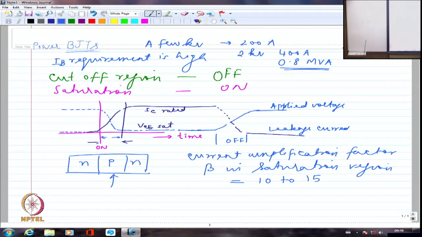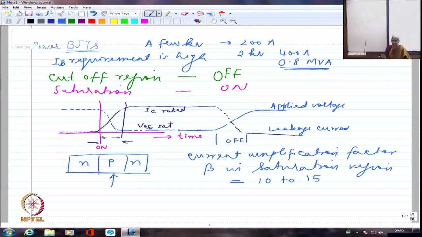And one more thing is, because it is going into hard saturation region, to turn it off, even if you remove the base drive, it is going to take a while before all the charge carriers that are spread out all over the place recombine and the depletion layer is built up once again. It takes some time. So the turn off time is somewhat larger as compared to some of the devices that we are going to talk about a little later.